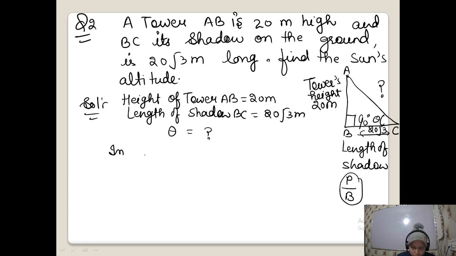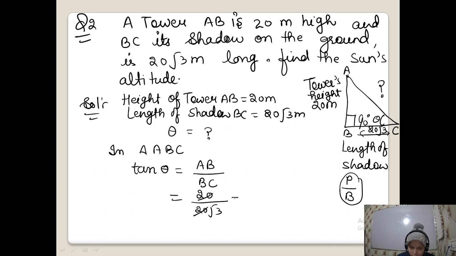In triangle ABC we take the tan theta formula. Tan theta is equal to perpendicular, that is AB, over base, that is BC. AB is given 20, BC is given 20 root 3, 20 cut with 20, 1 by root 3. According to the table, 1 by root 3 is the value of tan 30 degree. Now you can see the altitude of the sun theta is 30 degree.